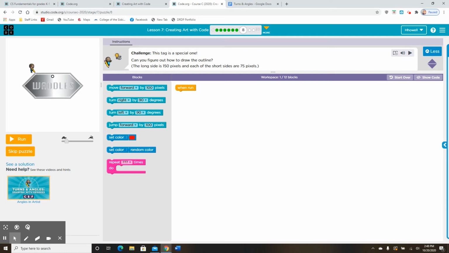So we want to move forward by 150 pixels because it's telling us that the long side is 150. Okay, that's going to get us here. So we need to turn right, but by how many degrees? Does that angle look right?